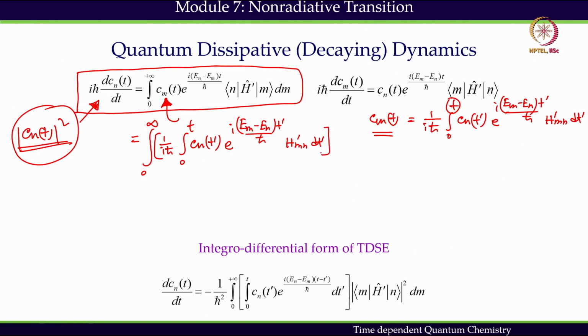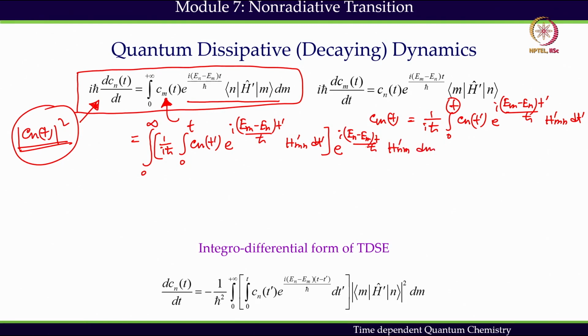That's the first integration, the Cm, and then the remaining part is here. I will write e to the power i (En minus Em)t by h cut, and then I have this Hnm, then dm. That's the total integration I have.